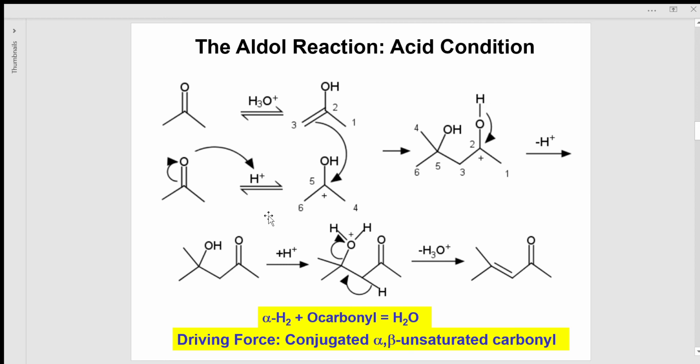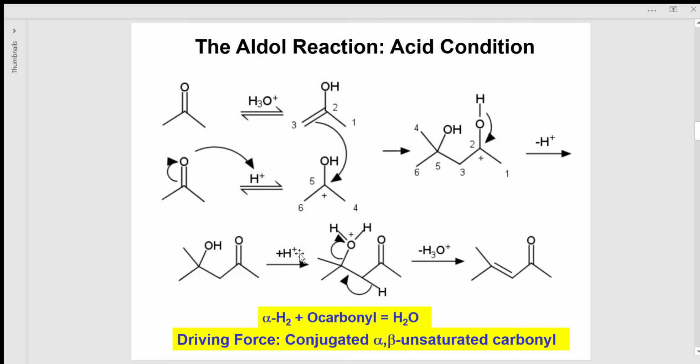We use the water as the base to deprotonate this hydrogen to form a ketone molecule. So this is the alpha position, and this is the beta position. Again, this is a beta hydroxyl carbonyl compound.